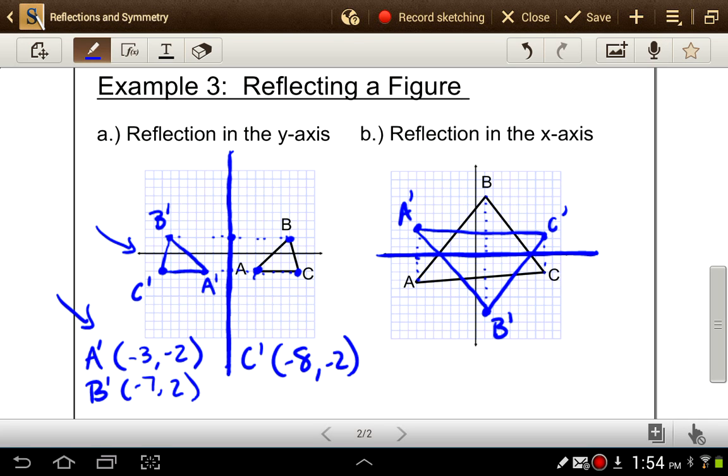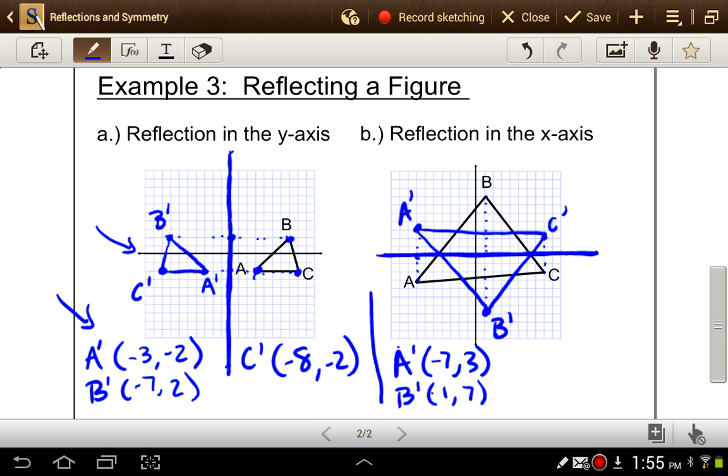What are my points? Again, I want my points. So we have A prime, and that is 1, 2, 3, 4, 5, 6, 7. So negative 7, up 3: negative 7, 3. B prime is 1 to the right, and then it's 1, 2, 3, 4, 5, 6, 7. 1, 7. Oops, I'm sorry.